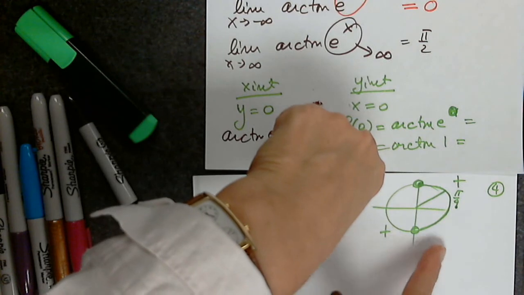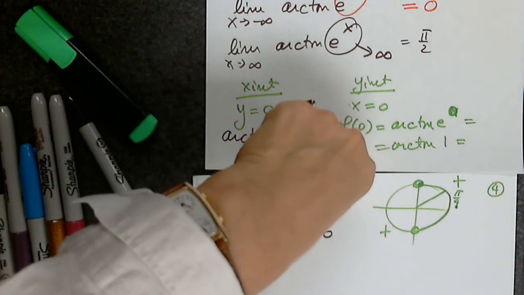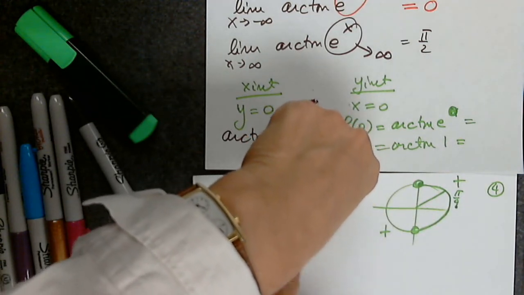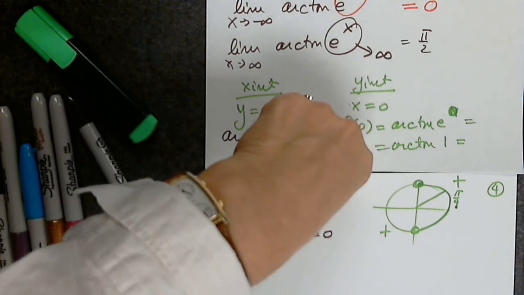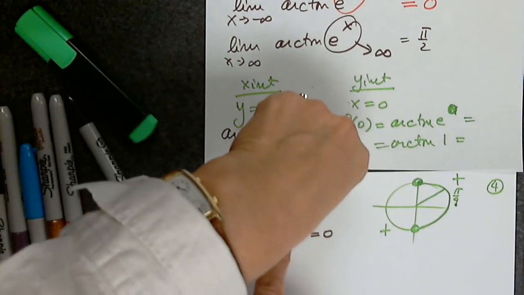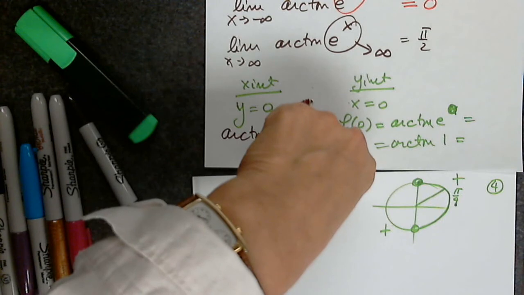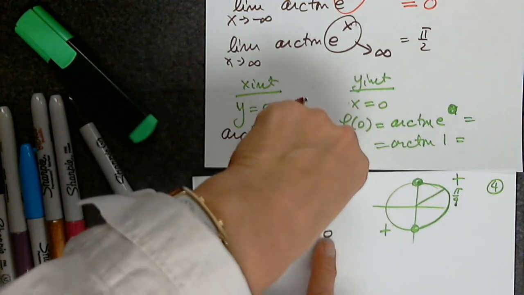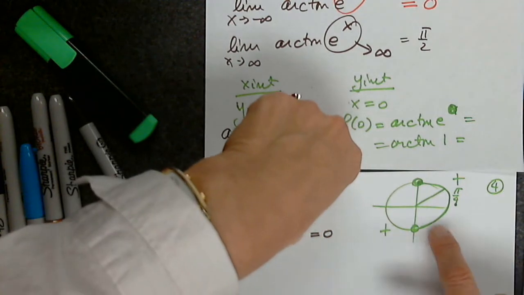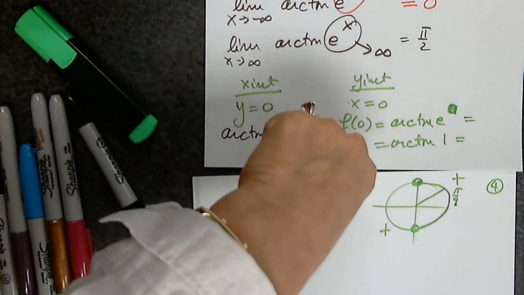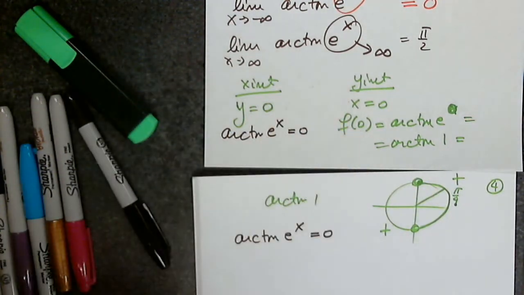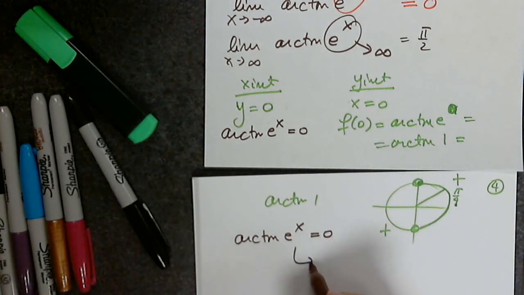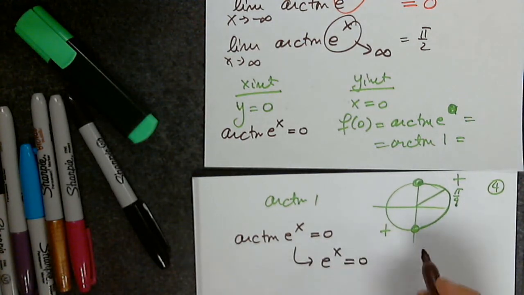Somewhere between negative pi over 2 and pi over 2, so that arctangent is 0. So give me an angle whose tangent is 0, between negative pi over 2 and pi over 2. 0 indeed. So from here, e to the x must be 0.